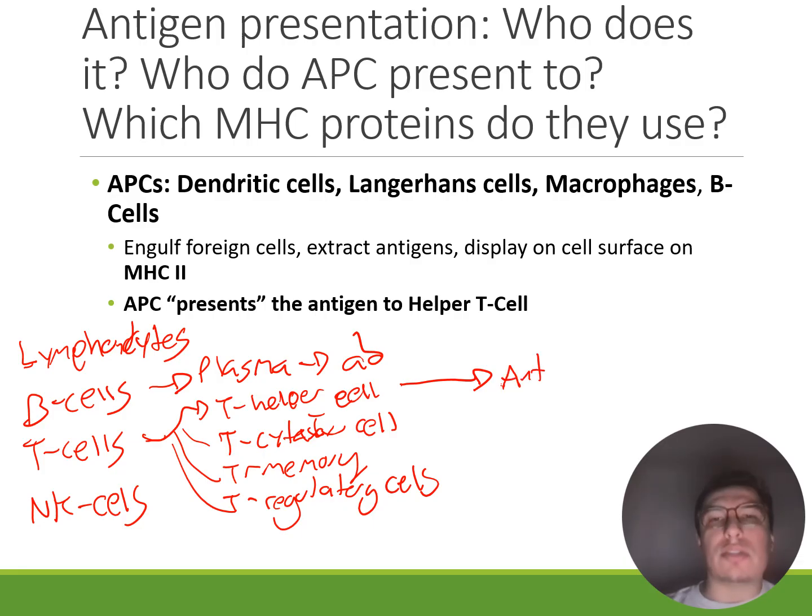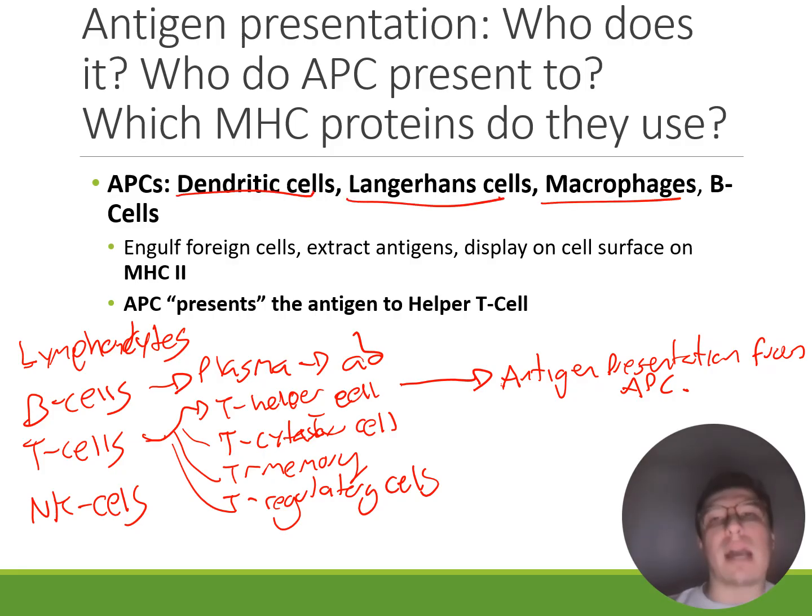Okay, so antigen presentation from antigen presenting cells. Remember that we have different types of antigen presenting cells. Those are dendritic cells, Langerhans cells, macrophages, and B cells. And these antigen presenting cells will be presenting to the helper T cell what the pathogen looks like so that they can mount an immune response.